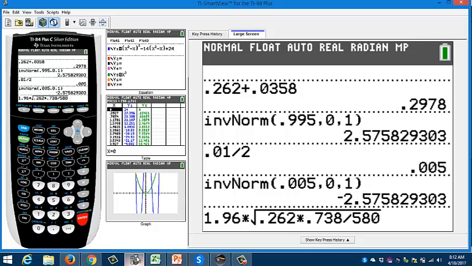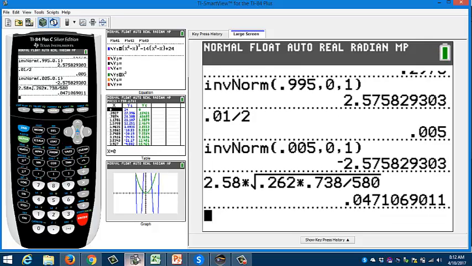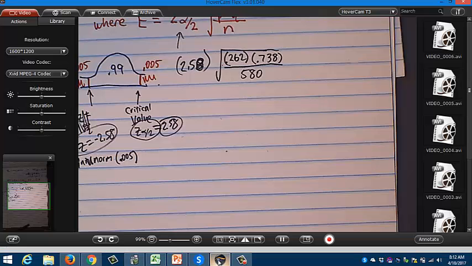The only difference is, instead of that 1.96, I need to type in 2.58. That's my new Z alpha over 2, and that changes the margin of error to 0.047.